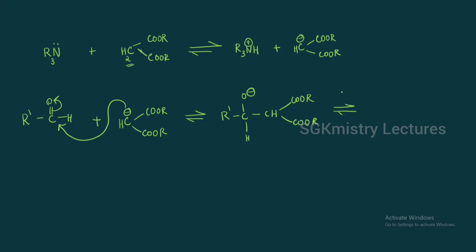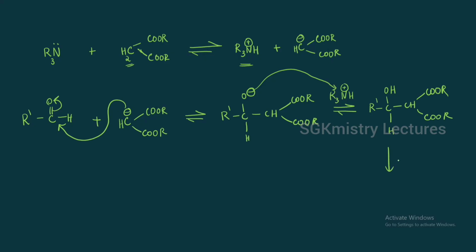Now there is a minus charge on the oxygen. We know that there is also the tertiary amine which has been protonated, R3NH, right? So this H plus from R3NH can combine with this O minus, and you can get R dash C OH H CH COOR COOR.